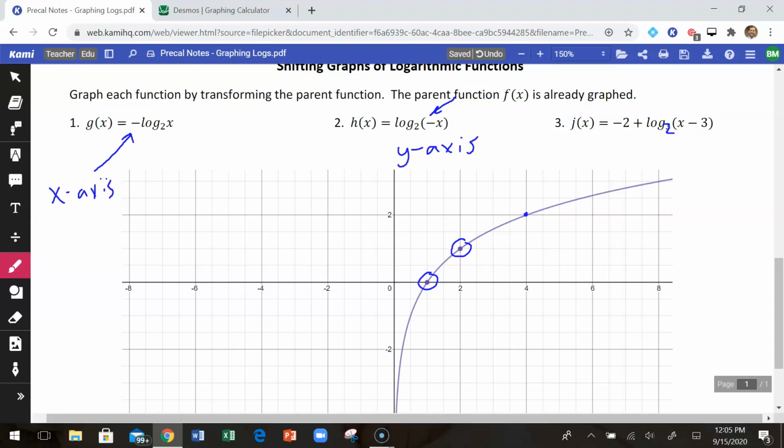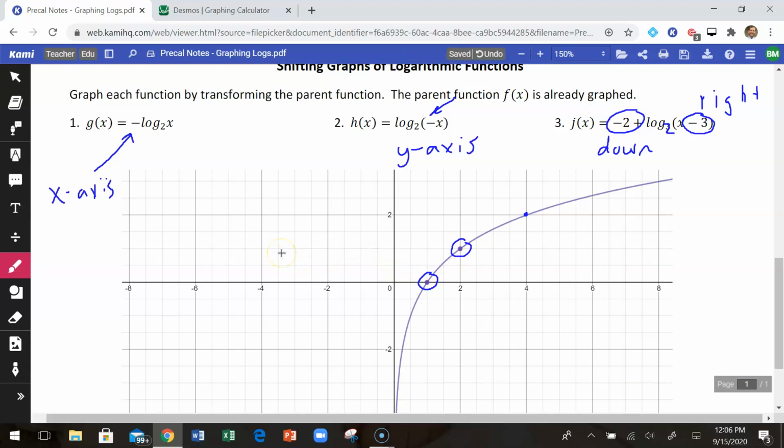For number 3, we have the -3 on the inside, that is going to the right 3 units. And then the plus -2 on the outside, that's not -2 times the log, it's just another way of saying -2 at the end without it being confused on if it's in the log or not. So we're just going to put it out front, like plus -2. That is actually just moving it down 2.